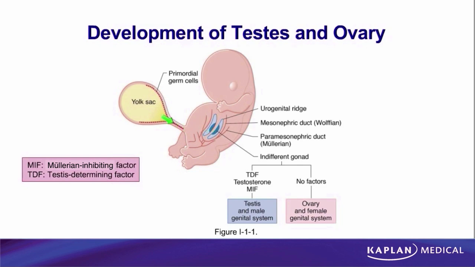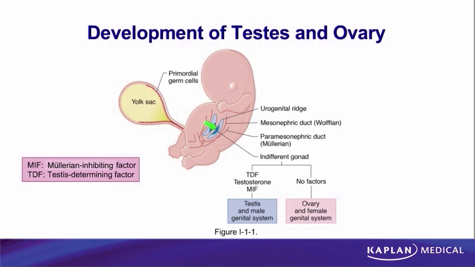And so if these primordial germ cells don't reach the gonadal ridge and don't infiltrate the gonadal ridge, then that induction will not occur and a gonad will not develop. And this mesoderm will remain undifferentiated and eventually will degenerate, and there'll be a missing gonad.